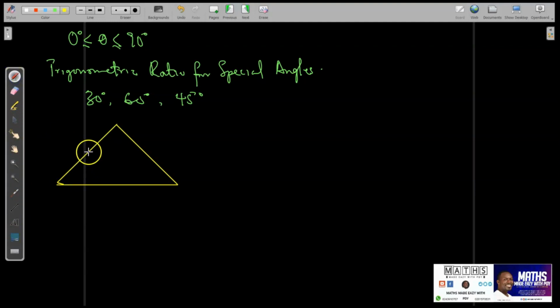In your own small way, what will you say? It's a triangle that has all the sides equal and all the interior angles summing up to 180, which is 60, 60, 60. All right, so we have this equal to that and also equal to that. And as you rightly said, each interior angle is 60 degrees.